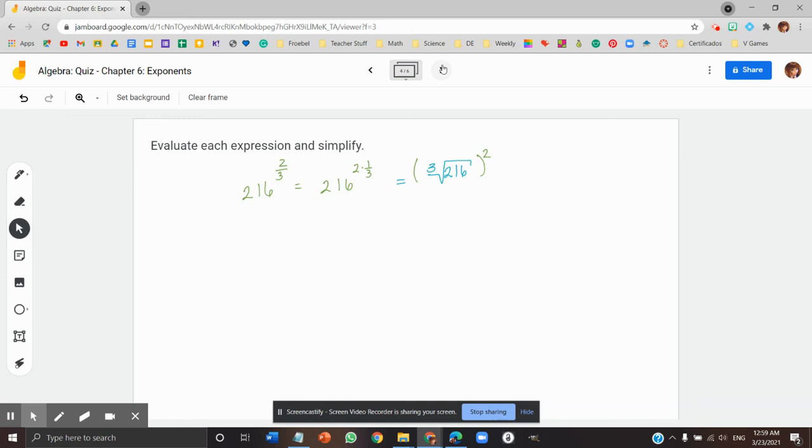What number can I multiply 3 times that is going to give me 216? Well, I know that 6 times 6 times 6 gives me 216. Therefore, I know it is the number 6. And that to the second power, how much is 6 times 6? 36. And that will be your answer.